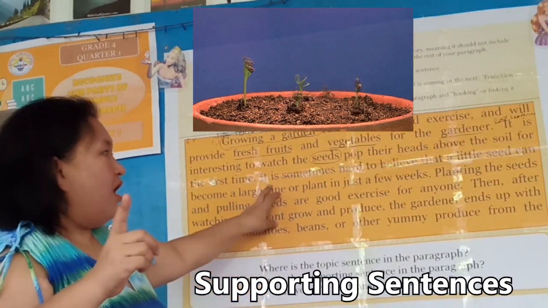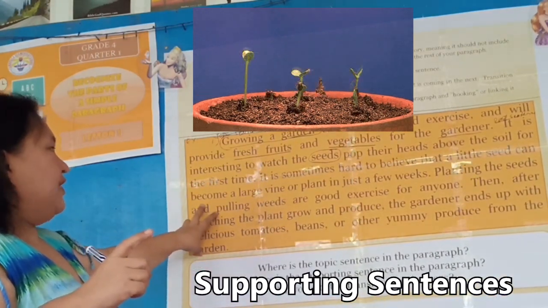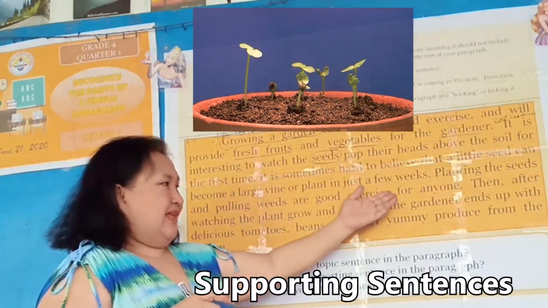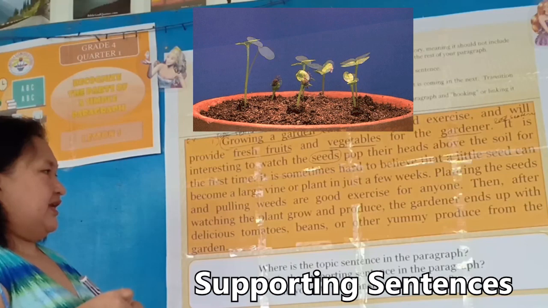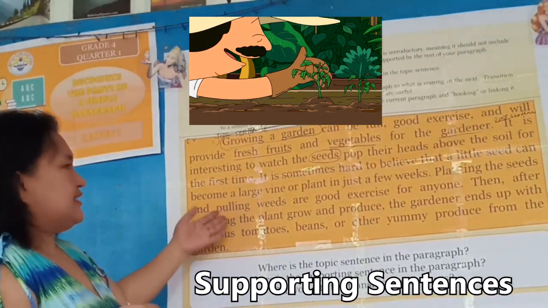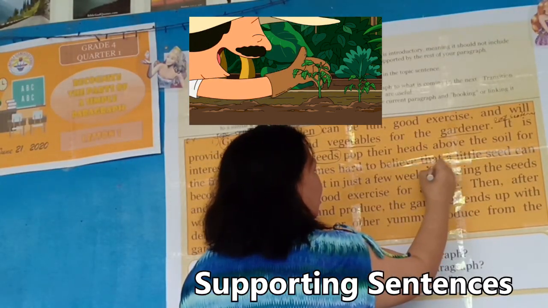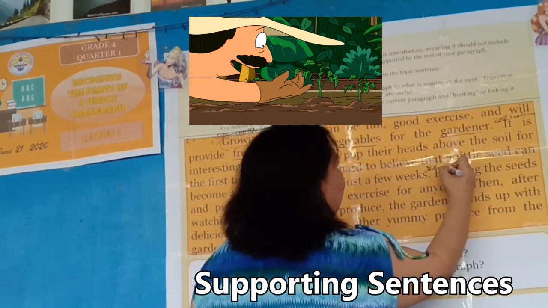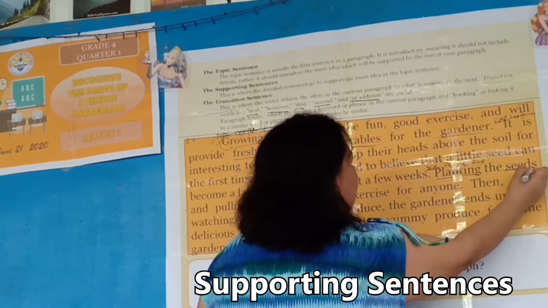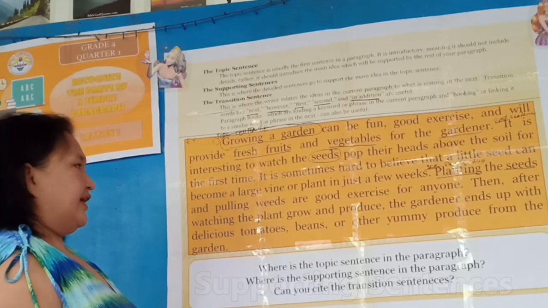It is sometimes hard to believe that a little seed can become a large vine or plant in a few weeks. Planting the seeds and pulling the weeds are good exercise for everyone. So the third sentence is also part of our supporting sentences because it tackles planting and seeds, which are related to growing a garden.